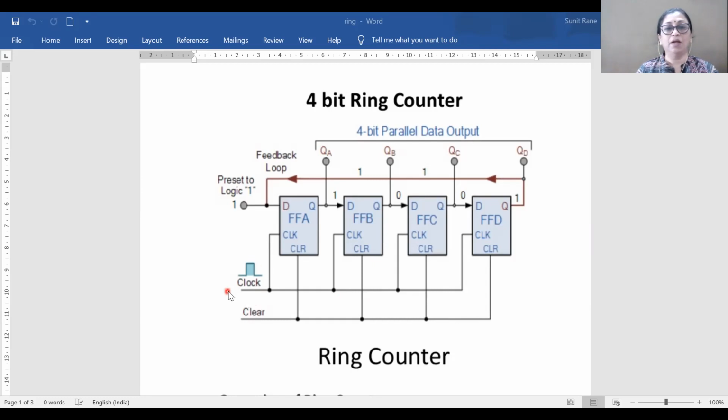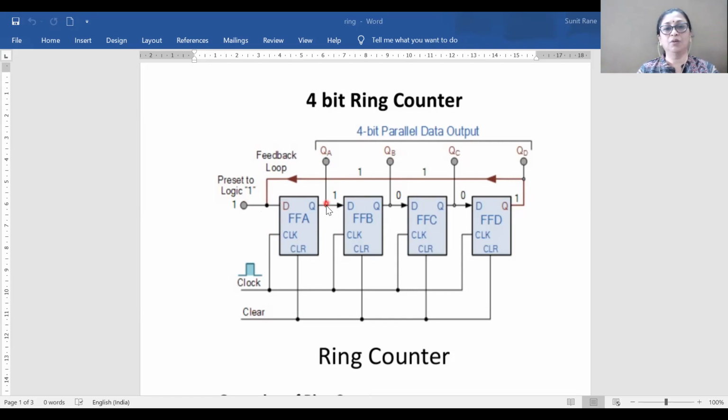And as you can see, the output of flip-flop A is connected as input to flip-flop B. Output of flip-flop B is connected as input to flip-flop C. Output of flip-flop C is connected as input to flip-flop D. And what you can observe here is that the output of flip-flop D is connected back as input to flip-flop A. Okay, so this is the connection of your ring counter. So there is a feedback between the last flip-flop and the first flip-flop.